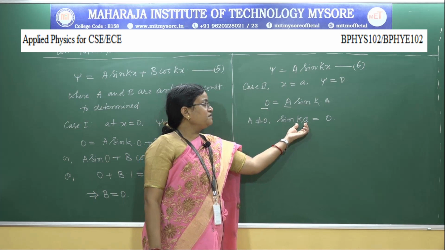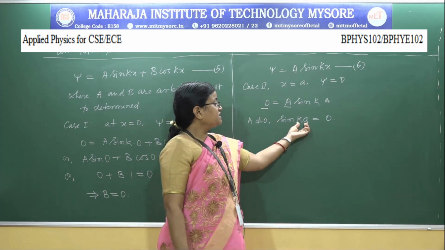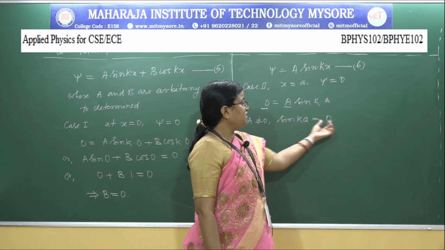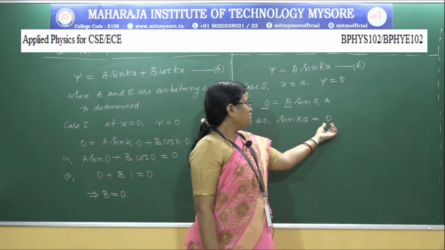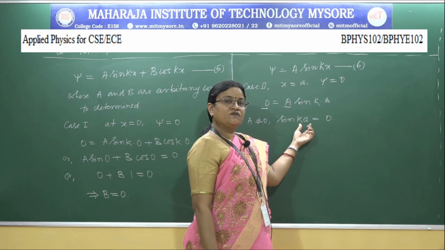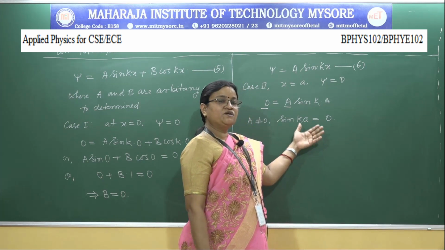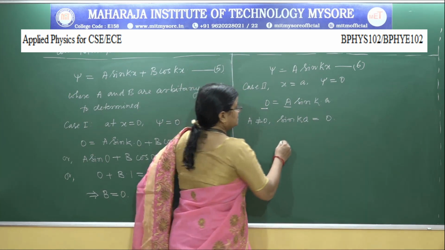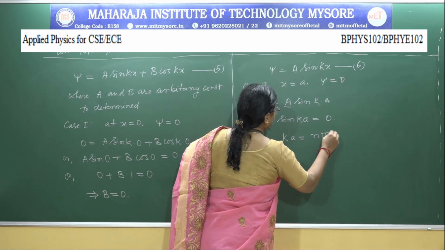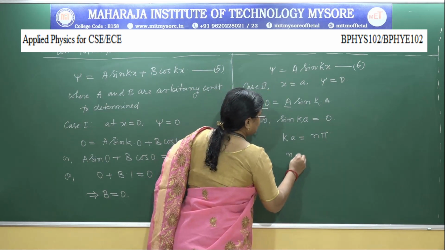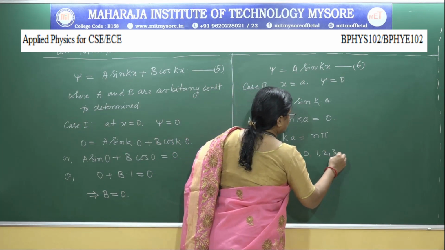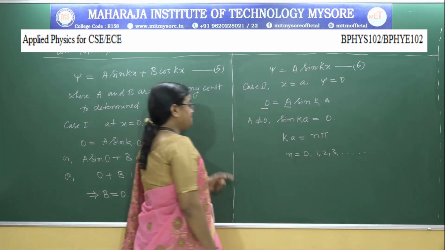So, what will be the general answer? At what value of theta will sin be equal to 0? We know sin is 0 for 0, π, 2π, 3π, and so on. So, we can write ka = nπ, where n = 0, 1, 2, 3 and so on.